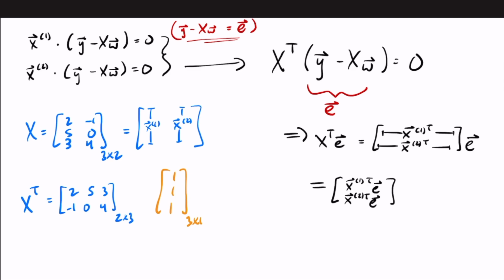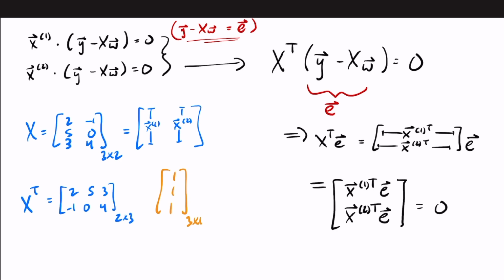Maybe I can write that a little bit larger, it's getting kind of messy. That's going to equal 0. And I suppose up here it's the same thing too. This would just be a vector of zeros.